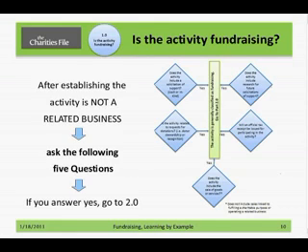Anything that deals with a related business is also not considered a fundraising activity, either the expenses involved or the revenue you get from a related business.